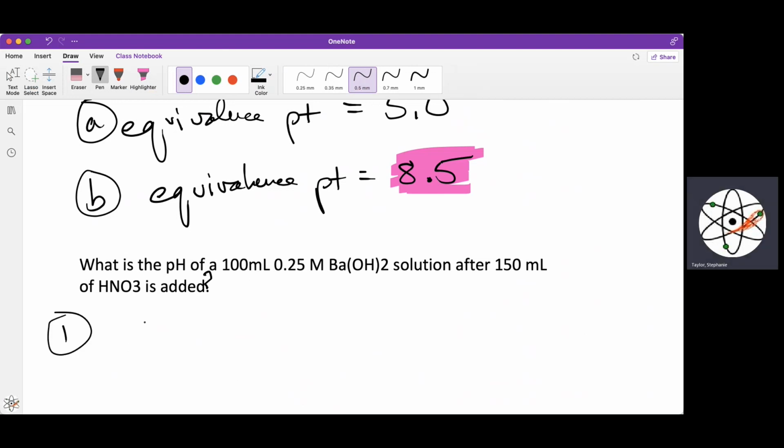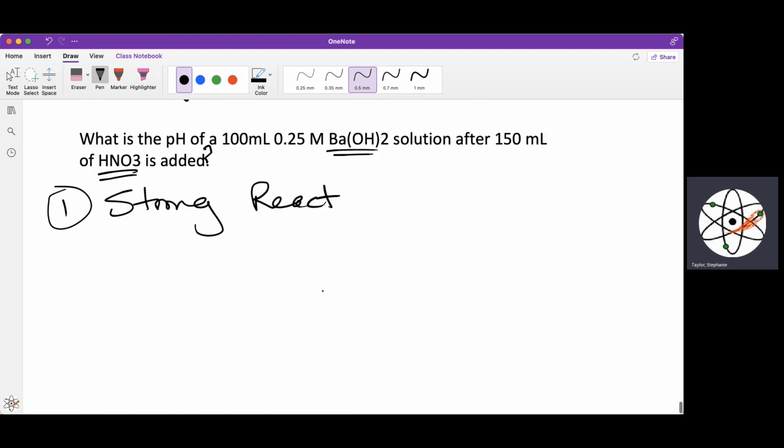So first, we got stuff to do. We're going to react the strong species. Everything is strong. The acid is strong. The base is strong. Now, in order to make this work, what I can go ahead and put in is my barium hydroxide plus my HNO3. But these are both strong species.